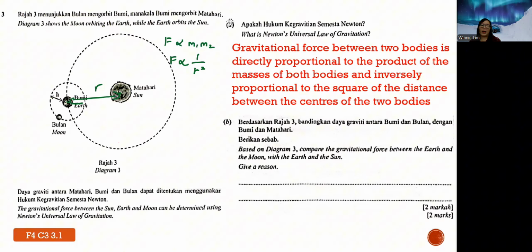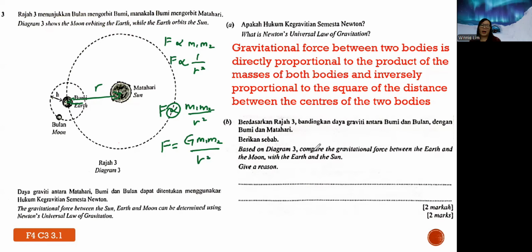From here, we can change the idea to an equation. Whenever we change the directly proportional sign to an equal sign, we follow with a constant. In this context, the constant is capital G, the gravitational constant: F equals G M1 M2 over R squared.